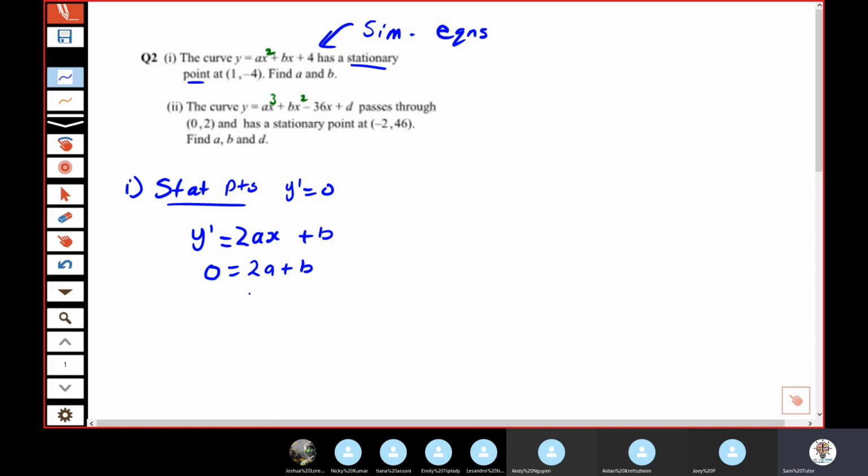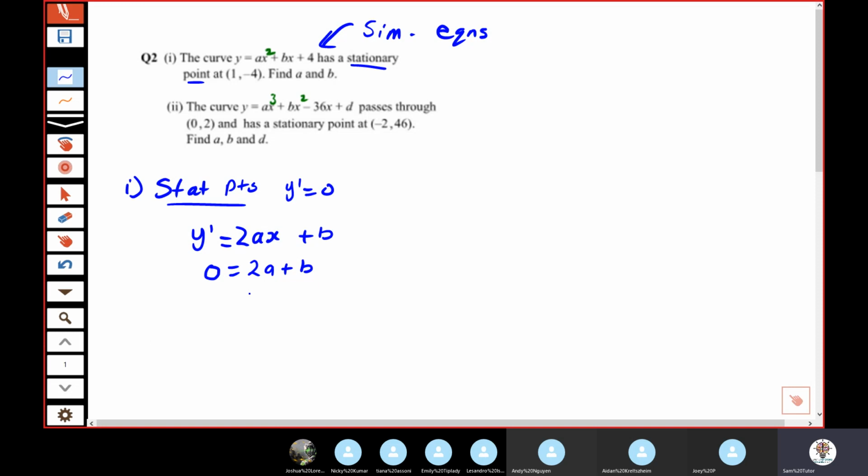So what do you think I'm going to say to do then? If y is negative 4, x is 1. Don't overthink it. If it's a stationary point, doesn't it also mean that it's a point that lies on the curve? Stationary point just means y dash, but isn't it a point that also lies on the curve?